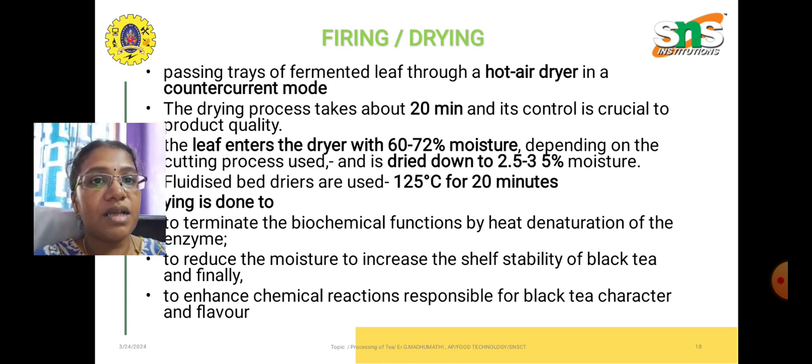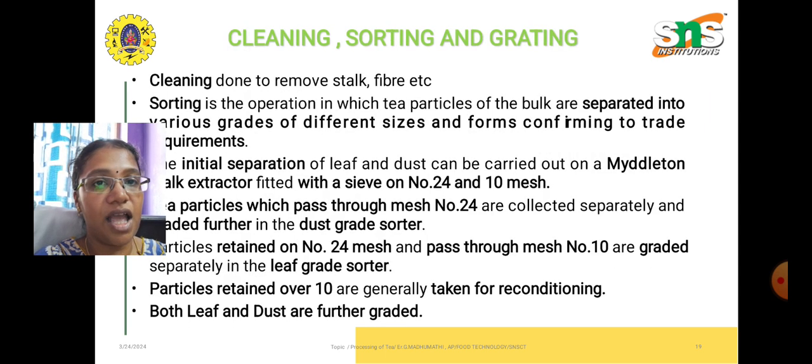Fluidized bed dryers are mainly adopted for drying, at a temperature of nearly 125 degrees Celsius for 20 minutes. It is done to reduce the moisture, to increase the shelf life of black tea, and to enhance some chemical reactions responsible for the flavor and the character.